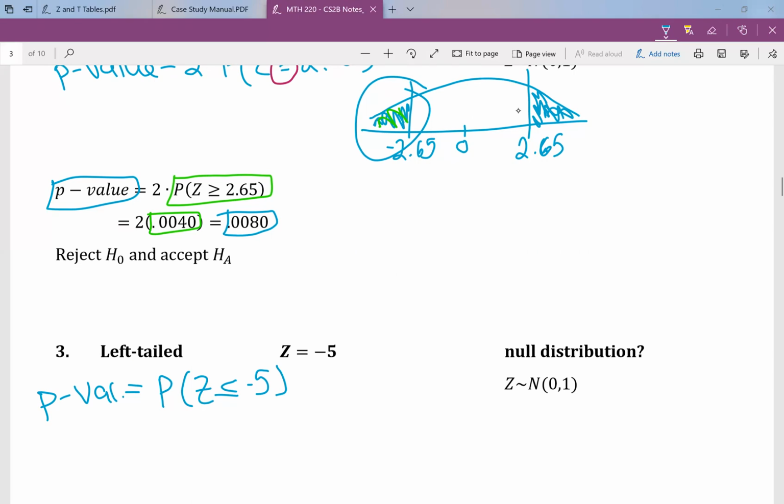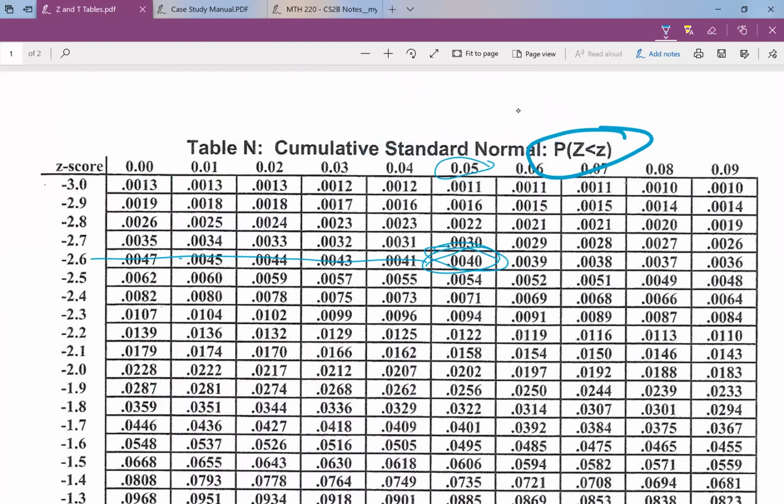All right, so what does that picture look like? We've got 0 right here. We're down here at -5, and we want to shade the area that is left of -5. Then we go to our Z chart, and we see that our Z chart doesn't go to -5.